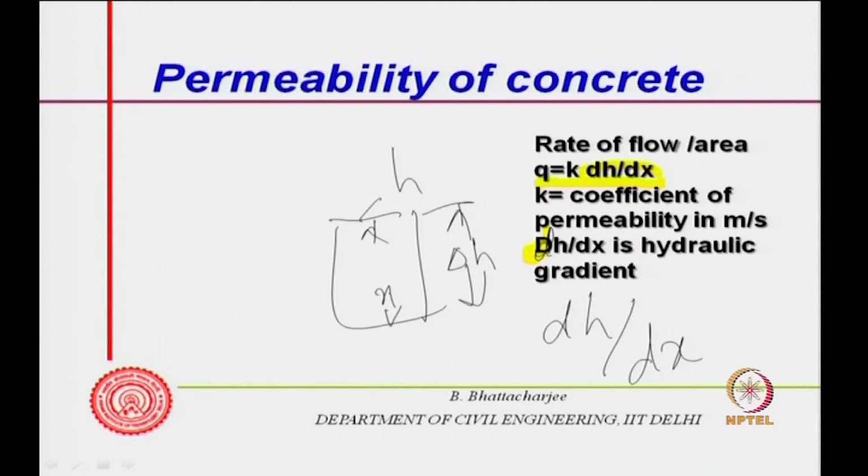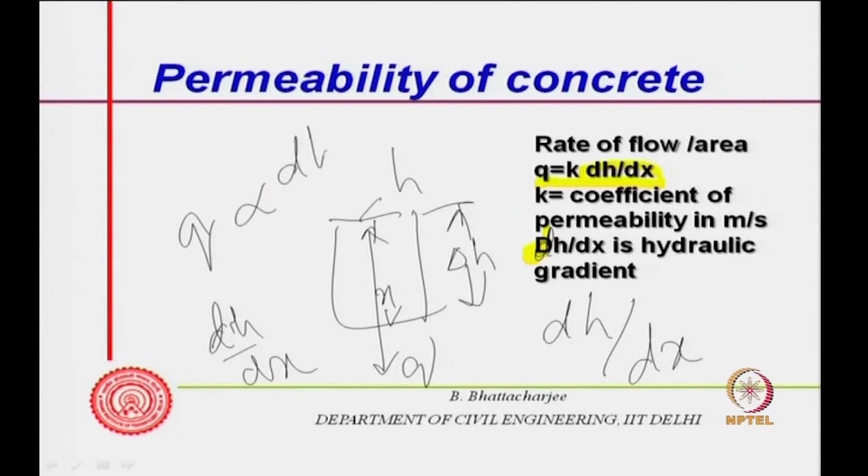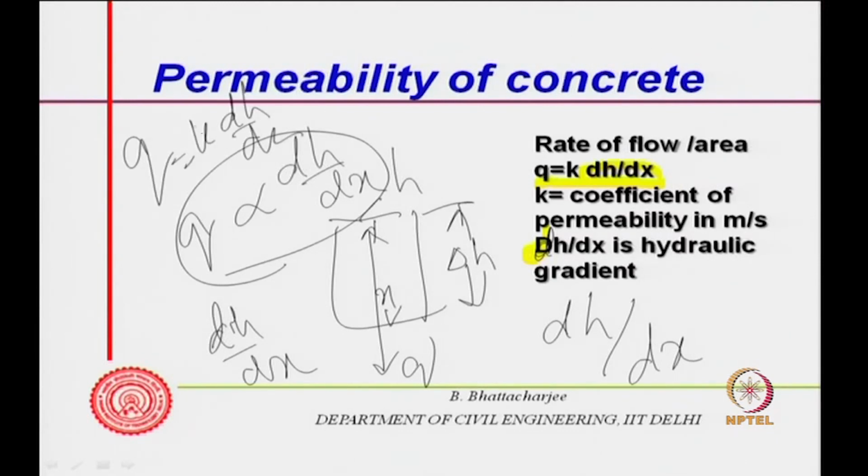If it is saturated and this dH/dx is constant, then the flow through this, q, is proportional to dH/dx, like any other flow, heat flow and similar equations. This is Darcy's equation, q = k dH/dx, and k is the coefficient of permeability. Permeability is that property which governs flow.